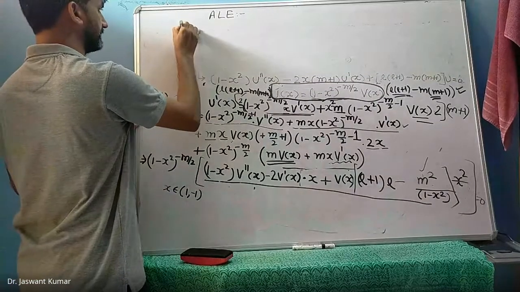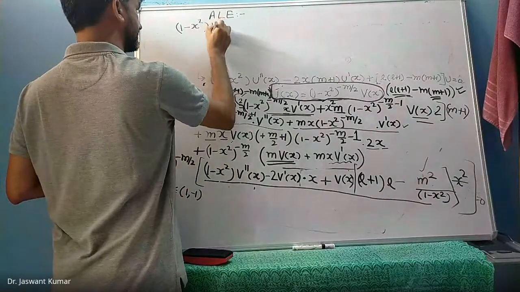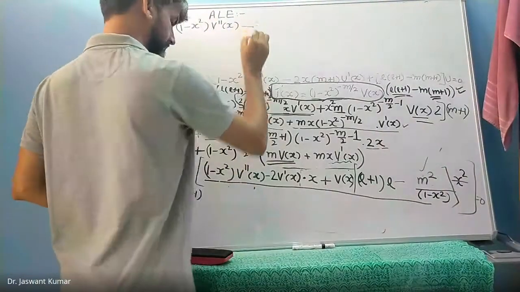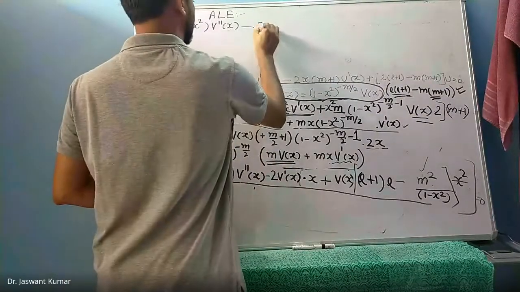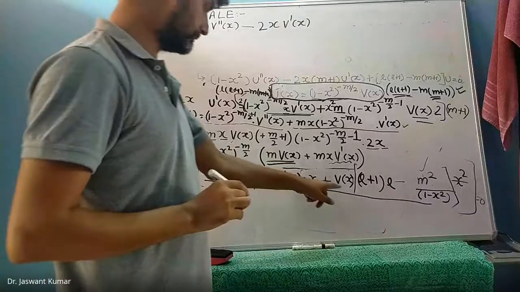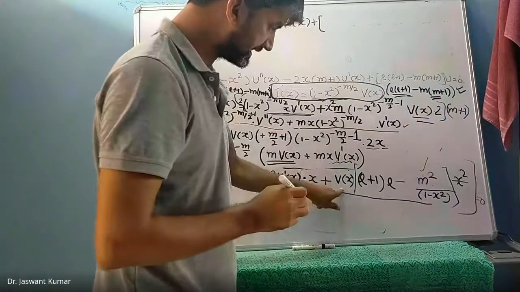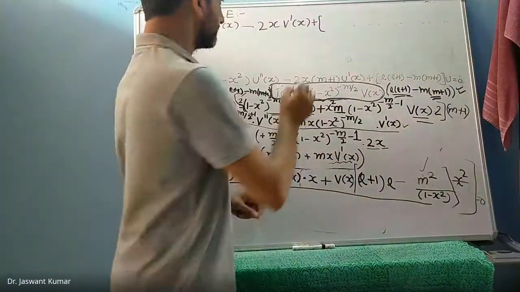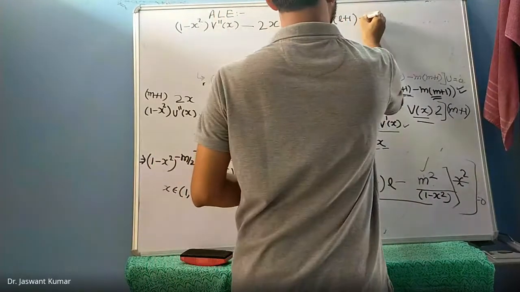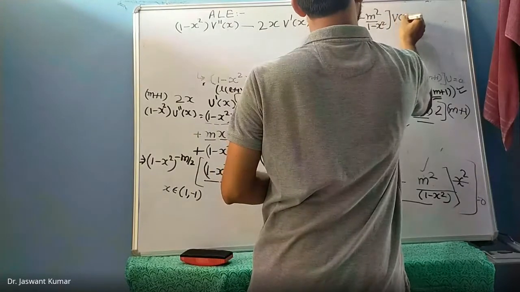So what we have got is 1 minus x square v double dash x, minus 2x v dash x, plus, we will write this v of x later, so we will write L into L plus 1 minus m square by 1 minus x square times v of x.